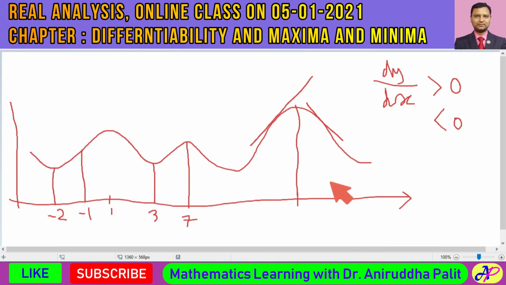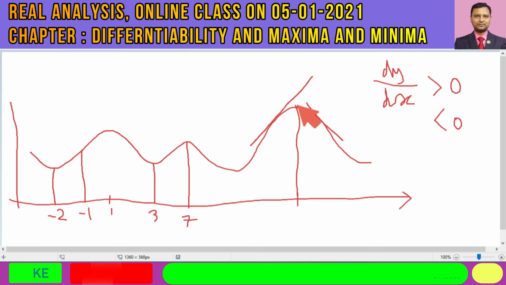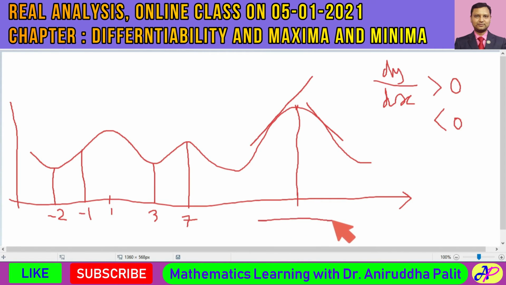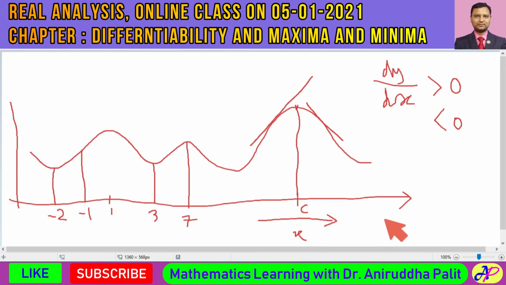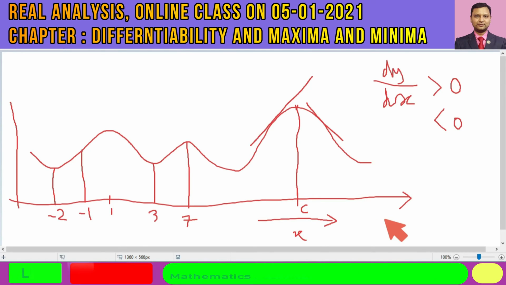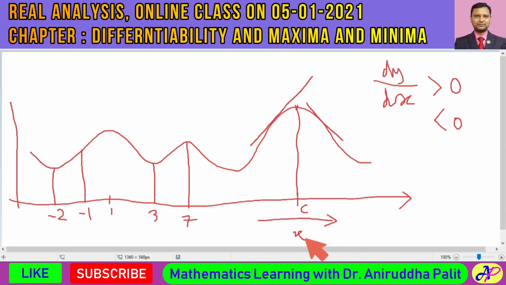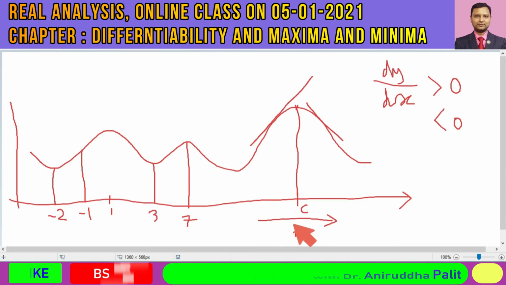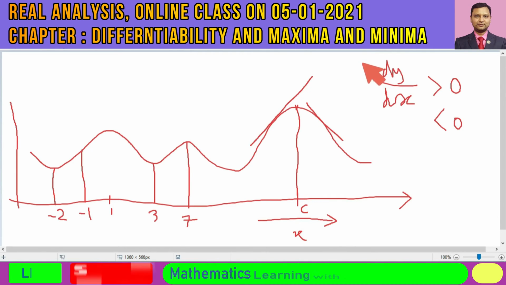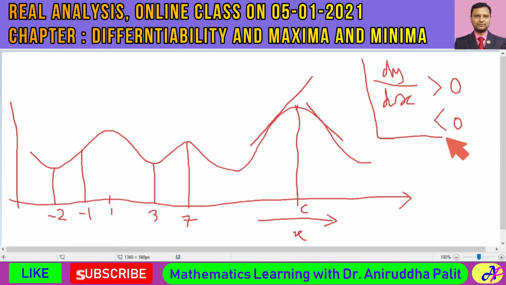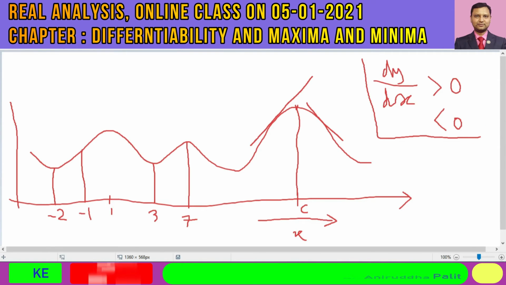So the conclusion is that if we have a maximum value and we change the value of the variable x from left to right through this point under consideration, the point which is under study, and the derivative changes from positive to negative, in that case we will have a maximum value.